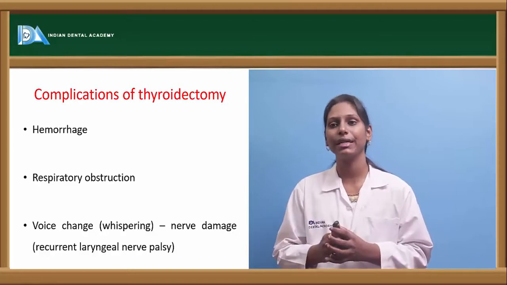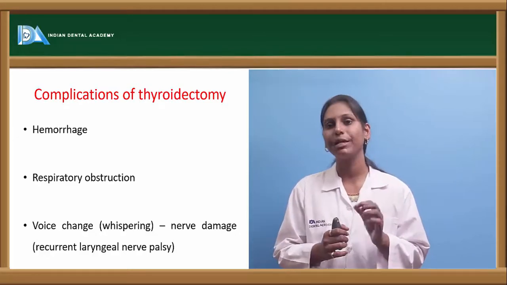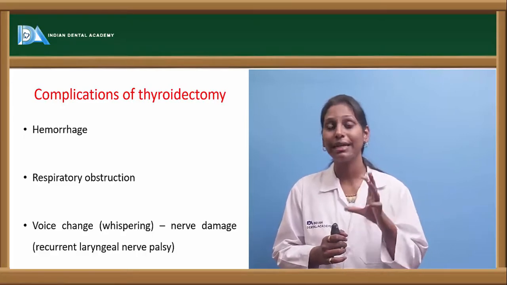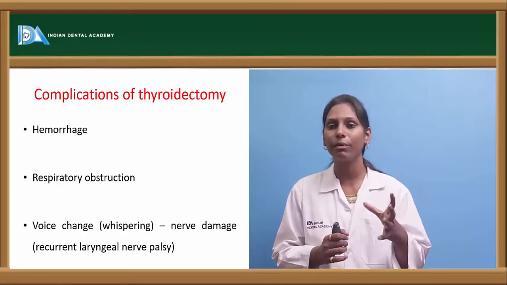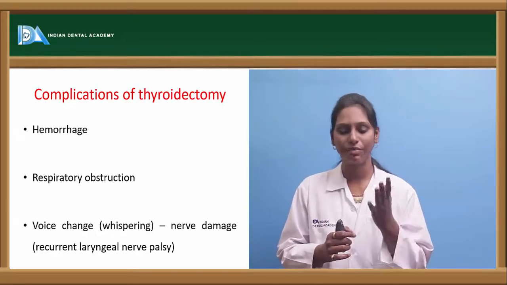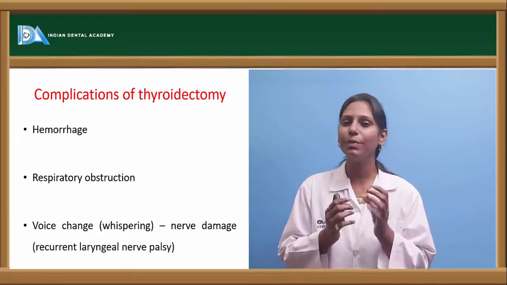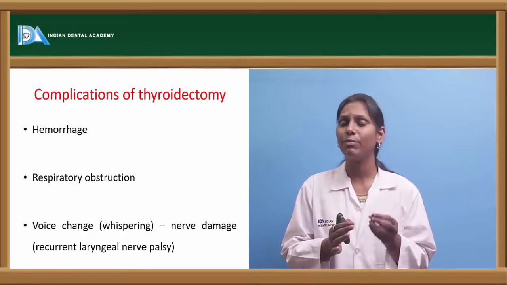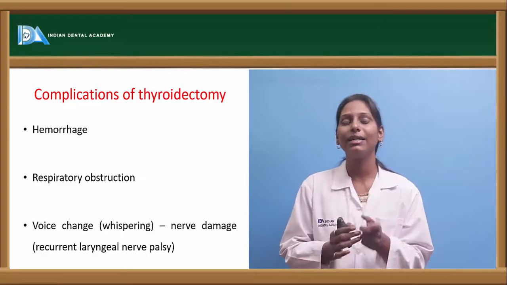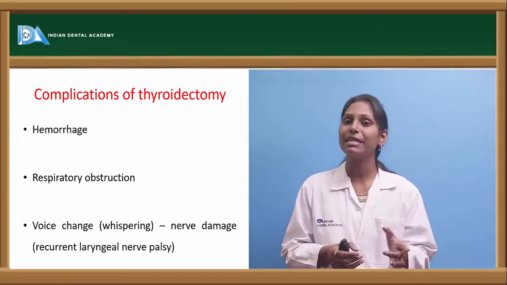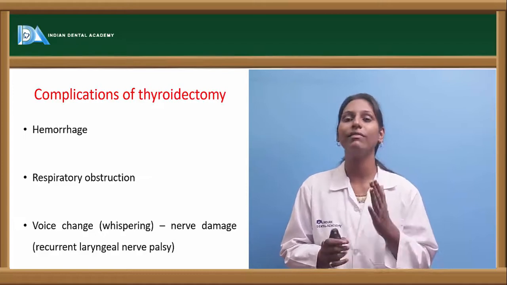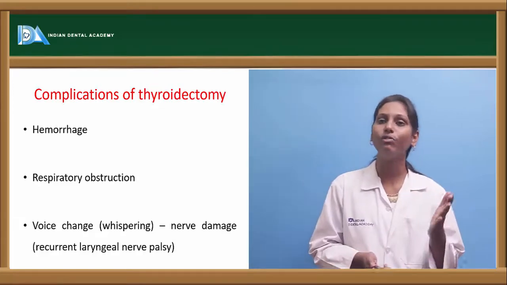There can be voice change, because when we are doing thyroidectomy there can be unintentional harm to the vocal cords, especially the arytenoids, which can lead to voice change where the patient will have a whispering type of voice. This whispering voice is usually because of nerve damage, that is recurrent laryngeal nerve palsy. This recurrent laryngeal nerve palsy can be either unilateral or bilateral, which can result in a whispering type of voice change.